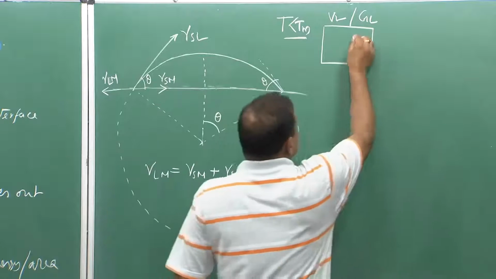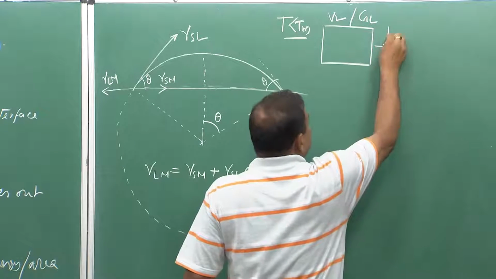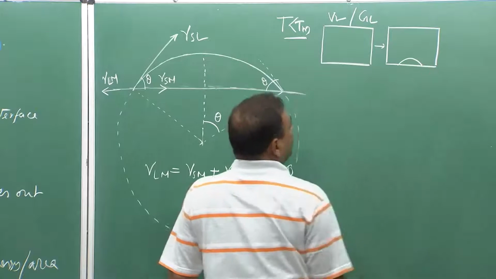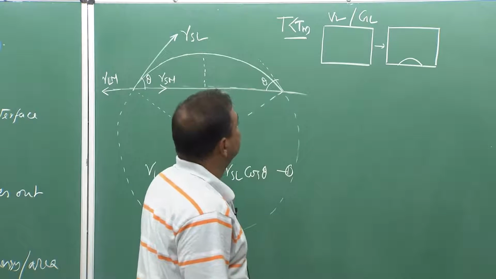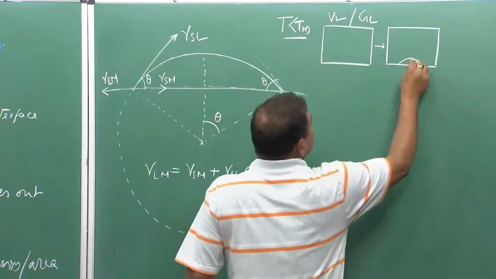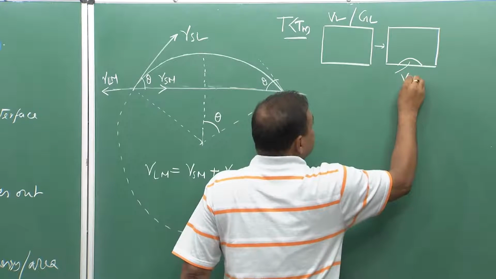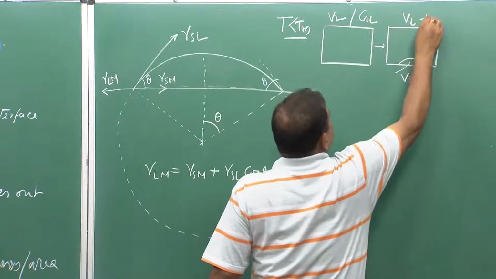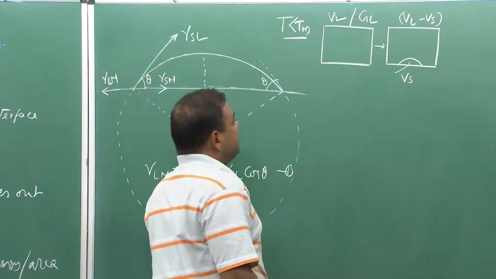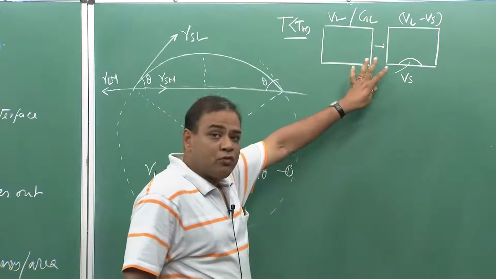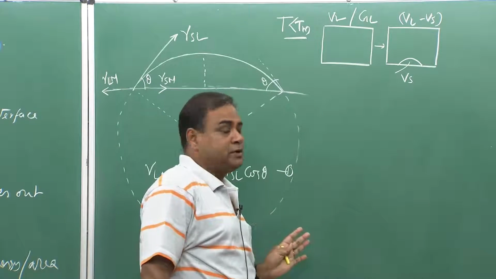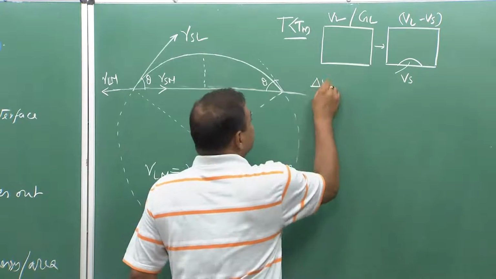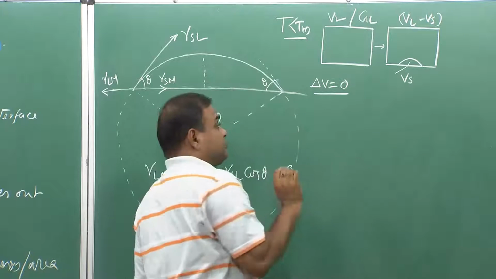Then we can get to another instance where solid will form on top of the mold wall. The volume of this solid would be V s, and the liquid volume would be V L minus V s. Here the assumption is there is no volume change during this transformation. That means del V equal to 0. This is an assumption.